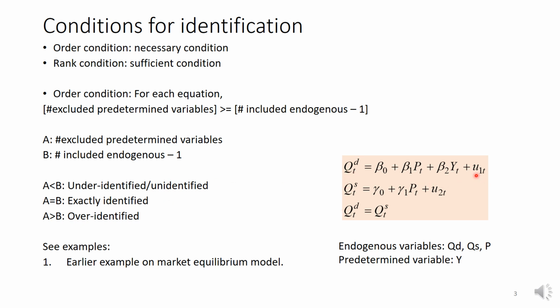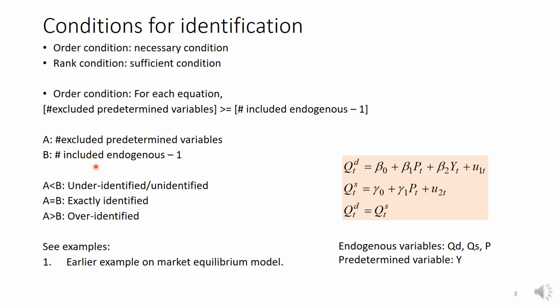So if we look at this equation, we have two endogenous variables included in this equation. So 2 minus 1 is equal to 1. So B here is equal to 1. Now, the number of excluded predetermined, the predetermined variable is Y. We don't have anything which is excluded because Y is the only one.